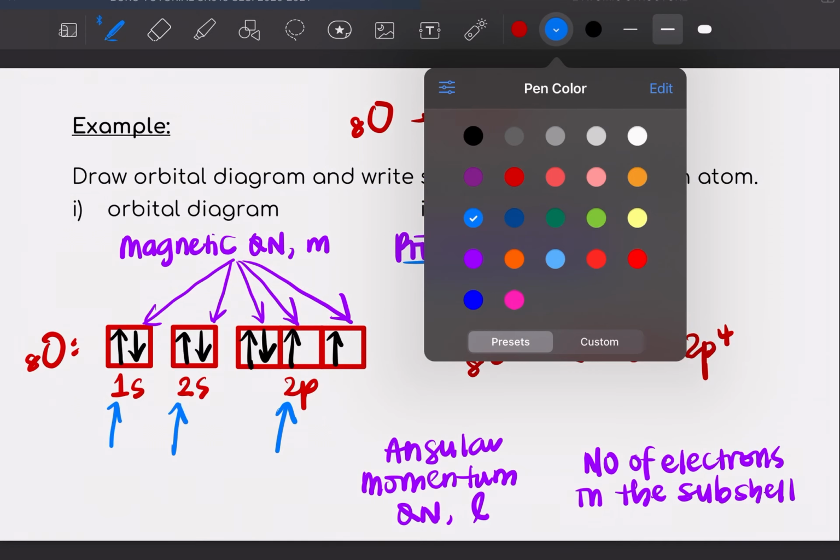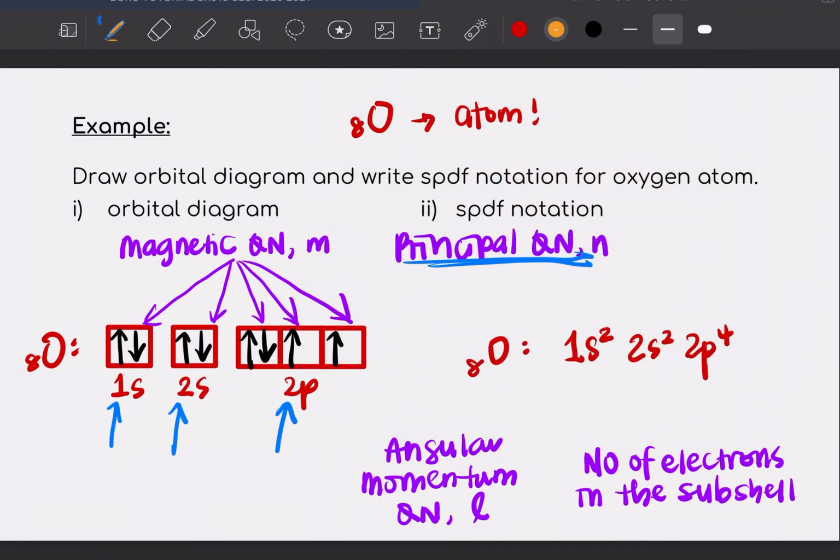Let's change color to orange to represent L. That is your S and P orbitals. So this one tells you that this is L equals 0, L equals 0, L equals 1.